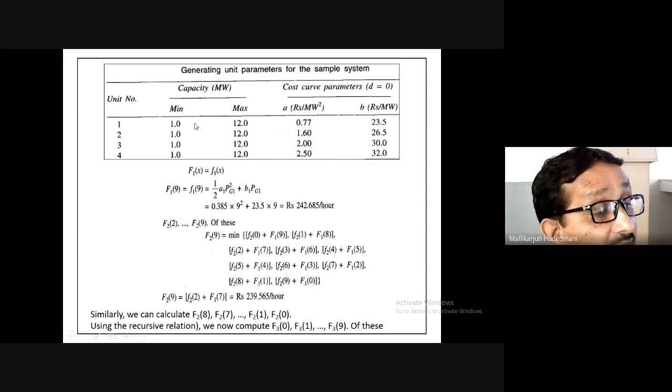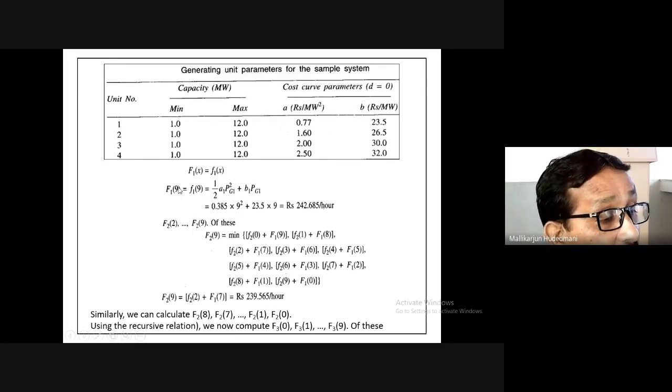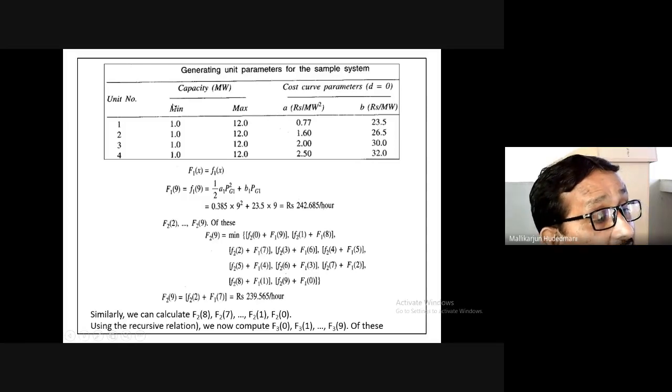Likewise, I can calculate using the fuel cost function the cost of production of 9 megawatt from unit 1, unit 2, unit 3, unit 4. I can calculate using the simple equation like this.